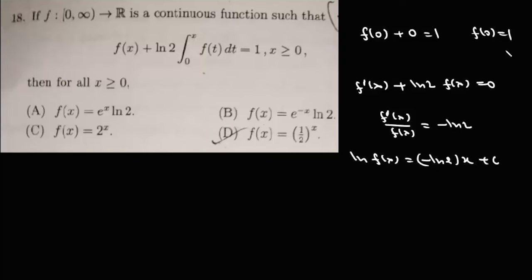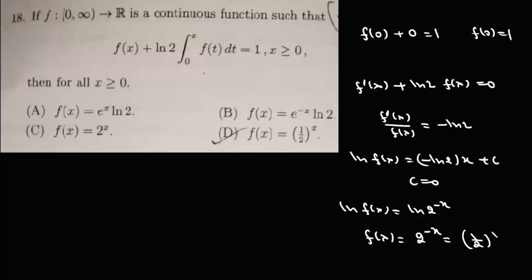Now when x is 0, y is 1. So from here we can write c as 0. So it will be log f(x), and we can write this as log 2 to the power minus x, or simply this function f(x) is 2 to the power minus x, or 1 by 2 to the power x, and that's your option D.